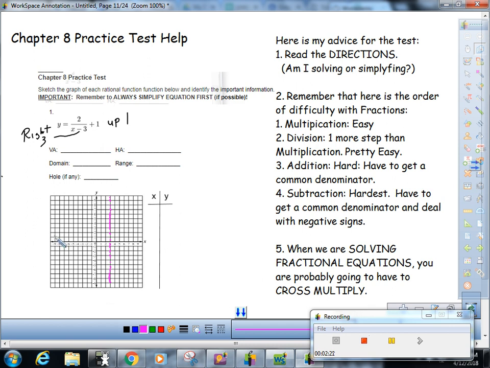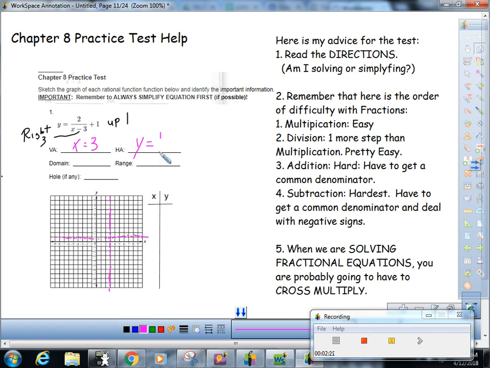This is my up 1. My vertical asymptote is x equals 3. My horizontal asymptote is y equals 1.